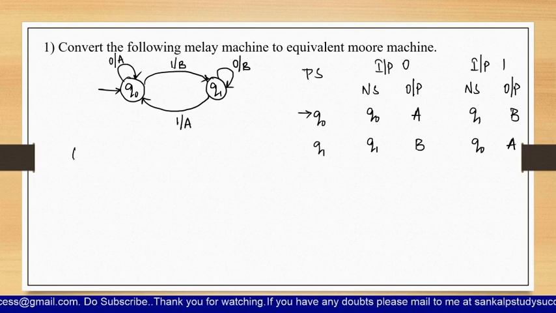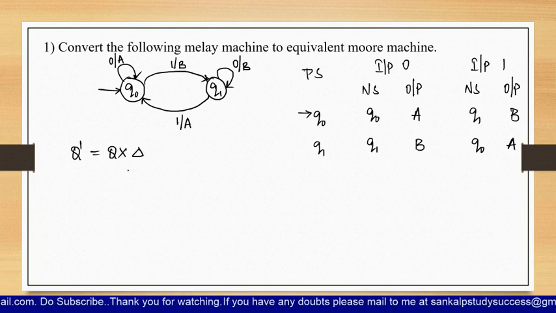So what is the first step? Q dash is nothing but Q cross delta, right? What is Q cross delta? Q is nothing but Q0 and Q1, the set of states present in the Mealy machine. Delta is nothing but A and B, because it is the output alphabet.